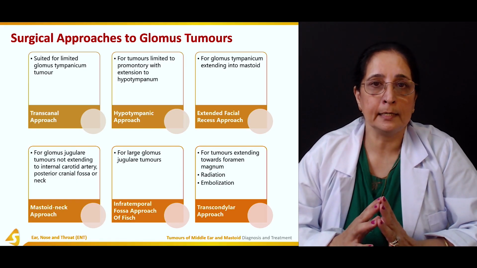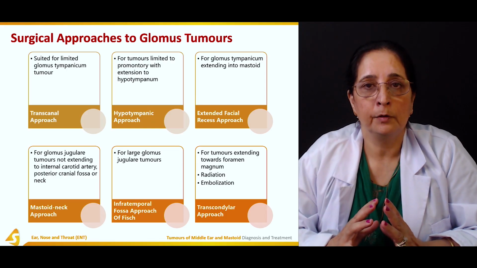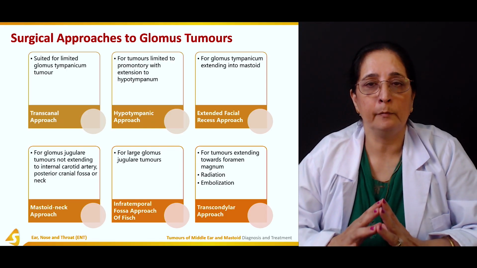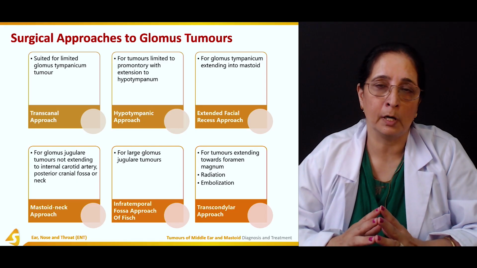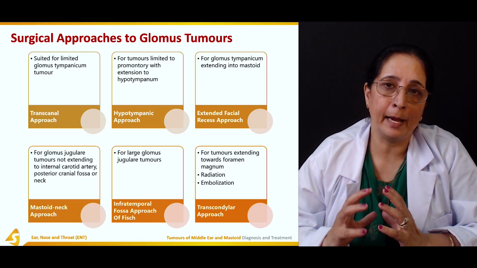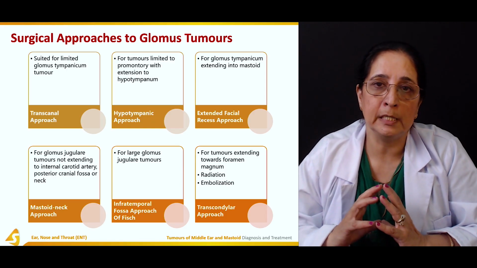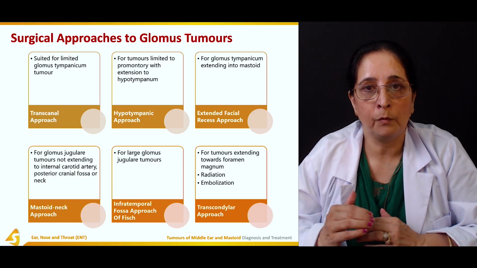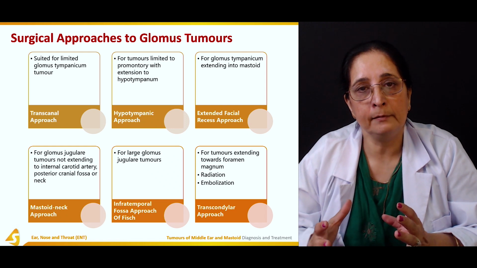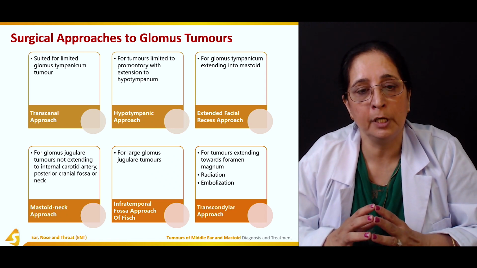So there are 6 surgical approaches for the removal of the glomus tumor, and these approaches depend on the location of the tumor and the extent of the spread of the tumor, how far it has extended, which then decides what approach should be used.